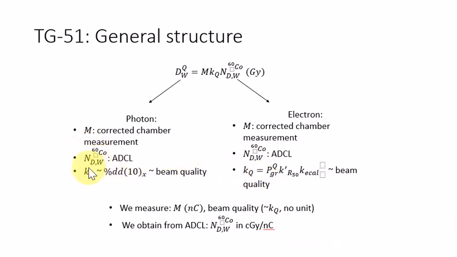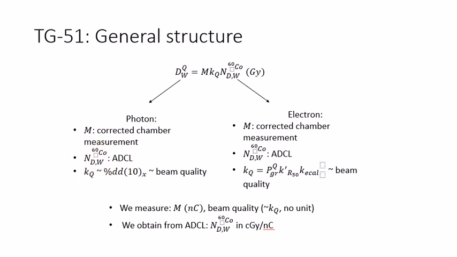And this NDW cobalt 60 is a factor that comes with a calibrated ion chamber. Basically, every 2 years we send our ion chamber to the National Calibration Lab, ADCL, to calibrate the chamber. The calibration is all about obtaining this NDW cobalt 60 factor.